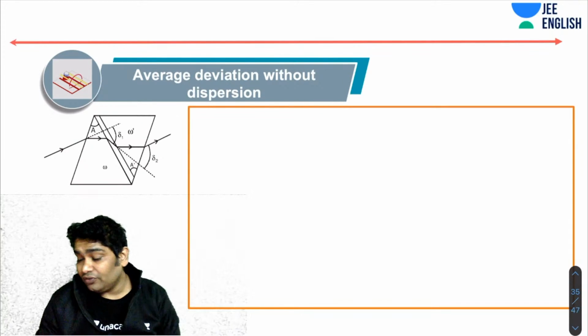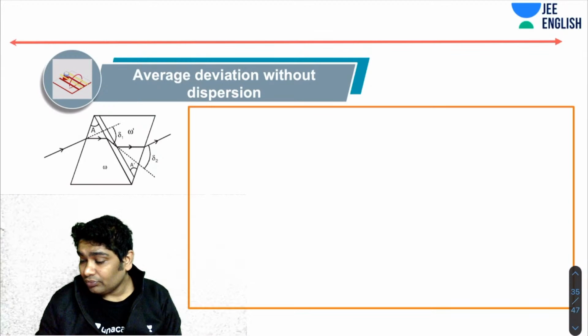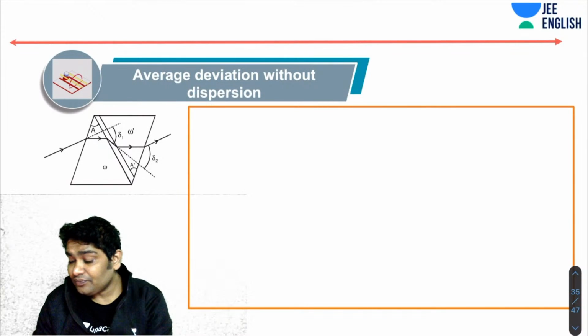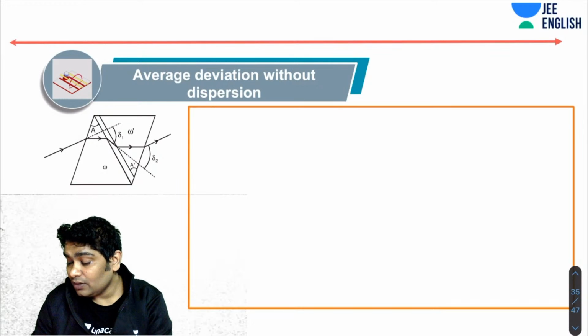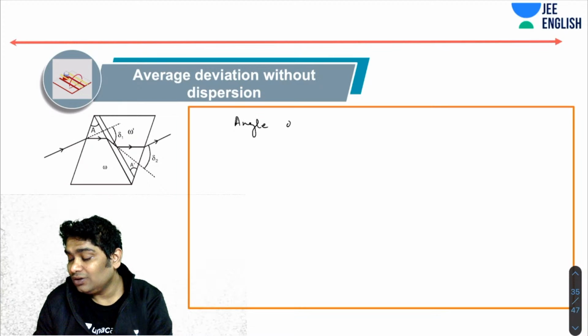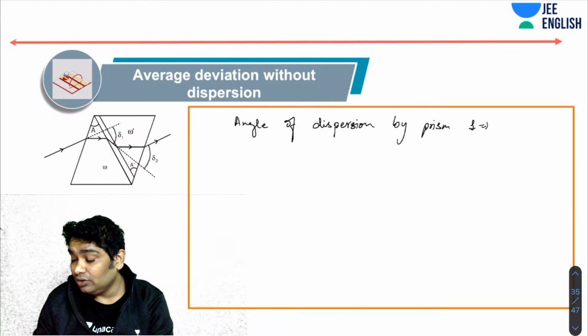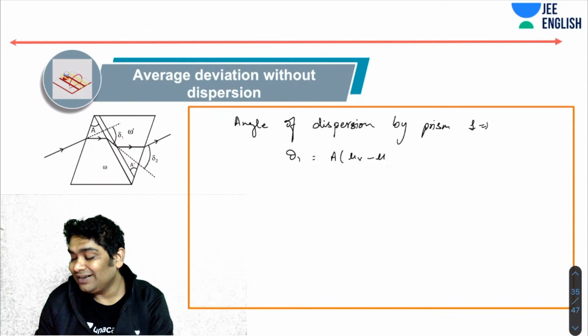So from prism 1, the angle of dispersion by prism 1, that will be equal to theta 1 equals A times (mu violet minus mu red).